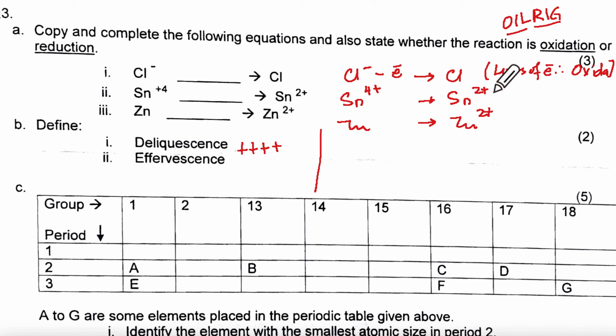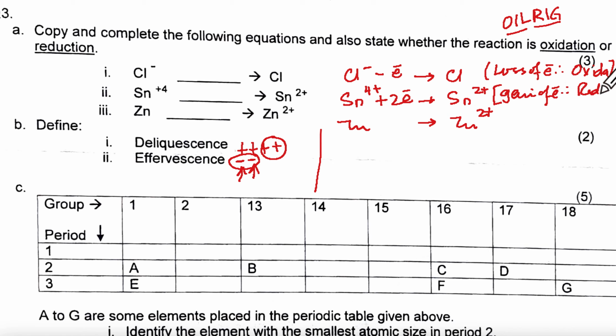But now it has become only 2 positive, meaning these 2 have got neutralized and only these 2 are shown as positive. That means it has gained 2 electrons, because 2 electrons were added. Understanding? So it is gain of electrons, therefore reduction.